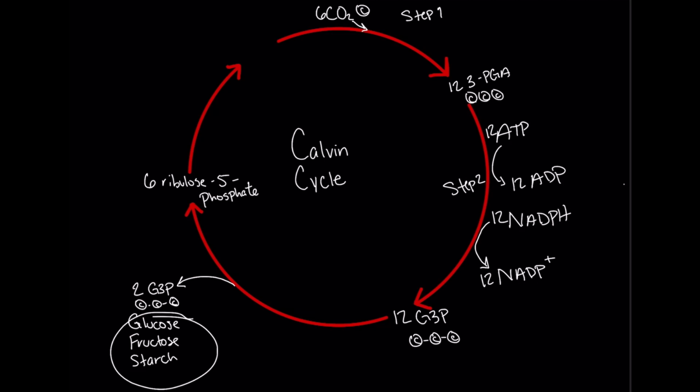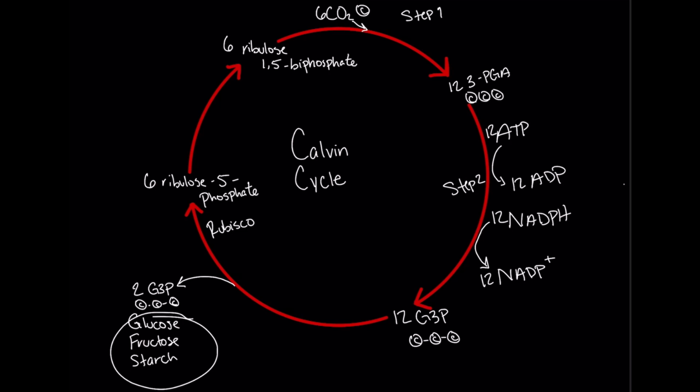And so the 10 remaining G3Ps with an enzyme called rubisco, let's just write over here, rubisco, turn into a 5-carbon molecule called ribulose 1,5 biphosphate. So let's write over here 6-ribulose 1,5 biphosphate.